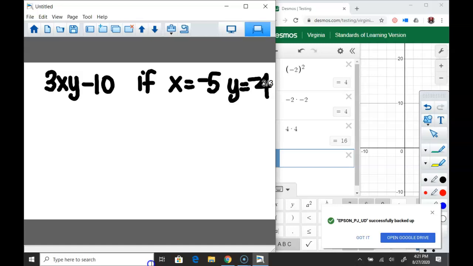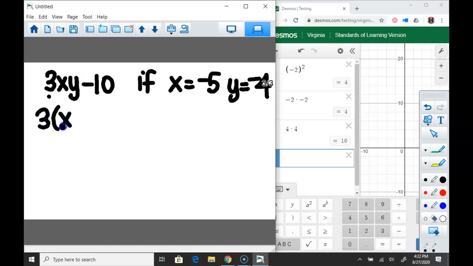Before we do that, I want you, though, to take a minute to think about this 3xy and what that means. That says 3 times x times y. So I want you to show 3 times x times y by using parentheses to show that multiplication for both variables.